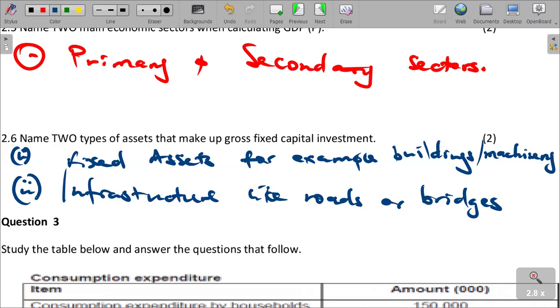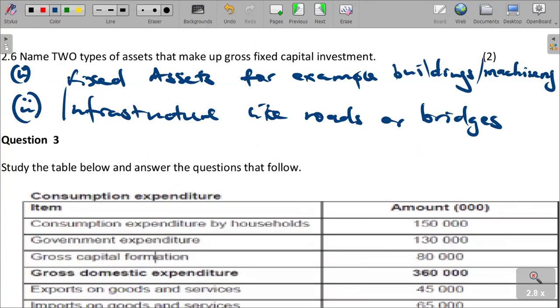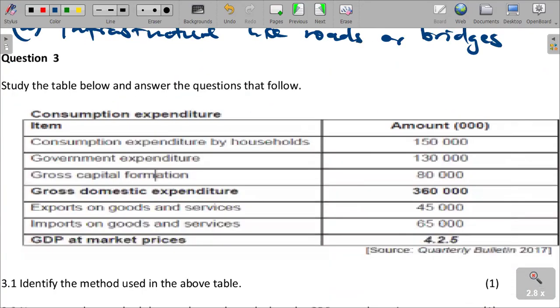So number three, we have a table and we need to answer the questions that follow. We are given item and amount, which can be in millions or whatever.